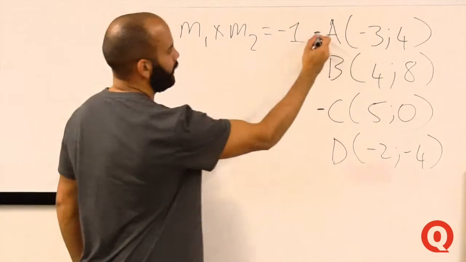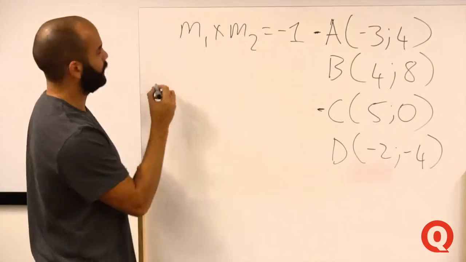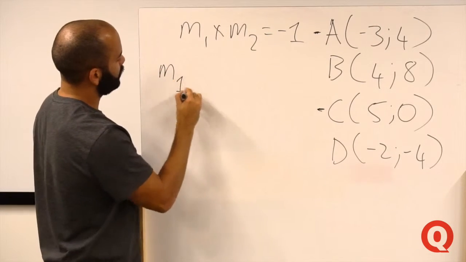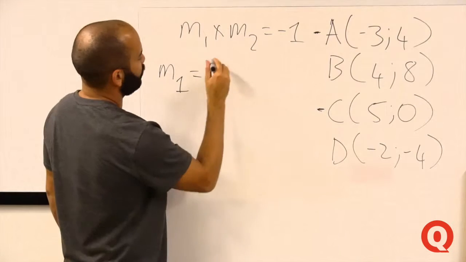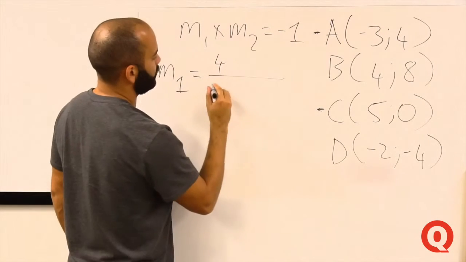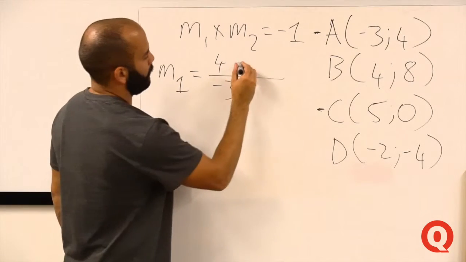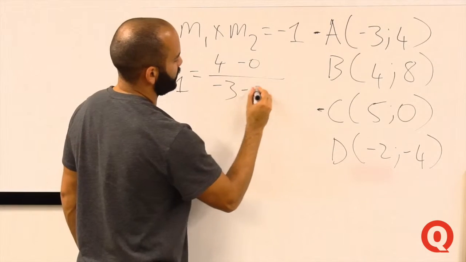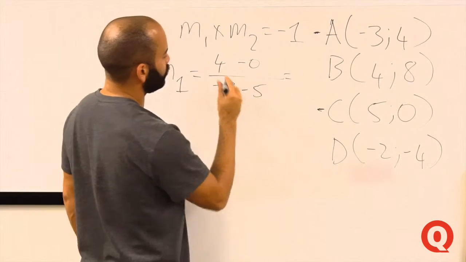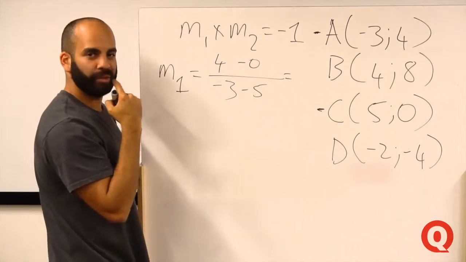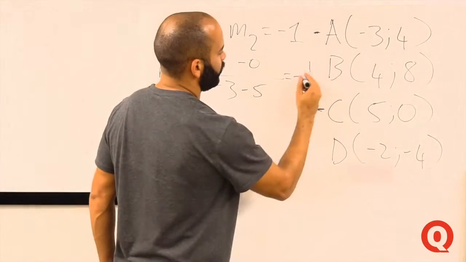So let's take A and C as M1. So M1 is equal to 4 and -3, -0, -5, which would be equal to 4 over -8, which would be -1 over 2.